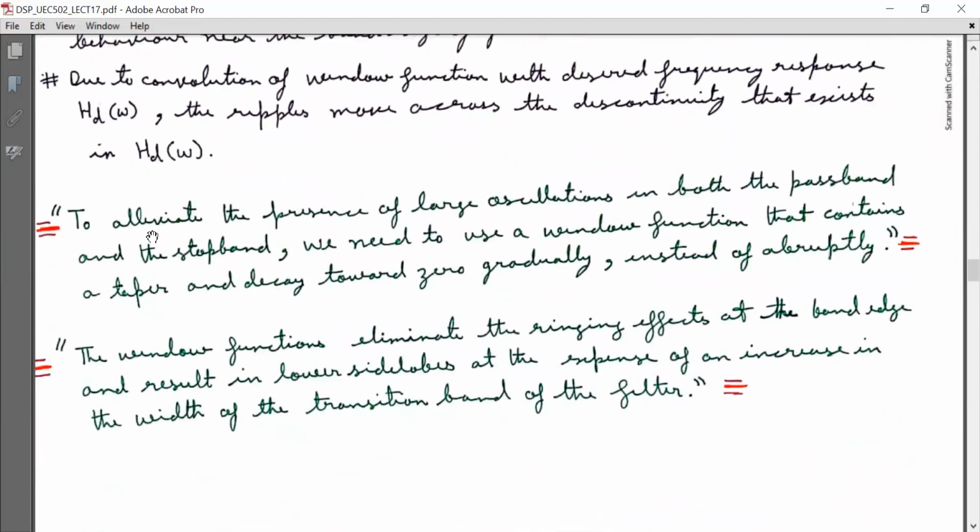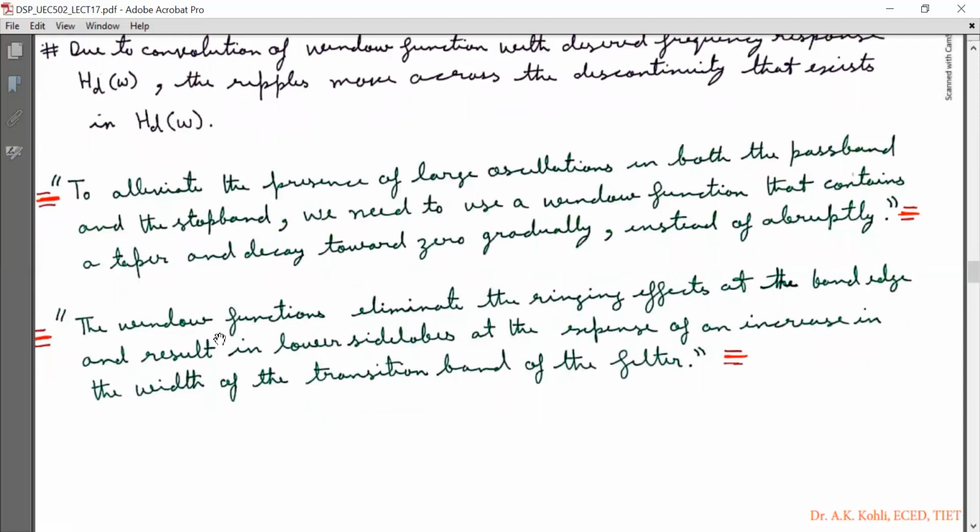Now, to alleviate, that is, to reduce the presence of large oscillations in both the pass band and stop band, we need to use a window function that contains a taper and decays toward zero gradually instead of abruptly. This is how the windows need to be designed.